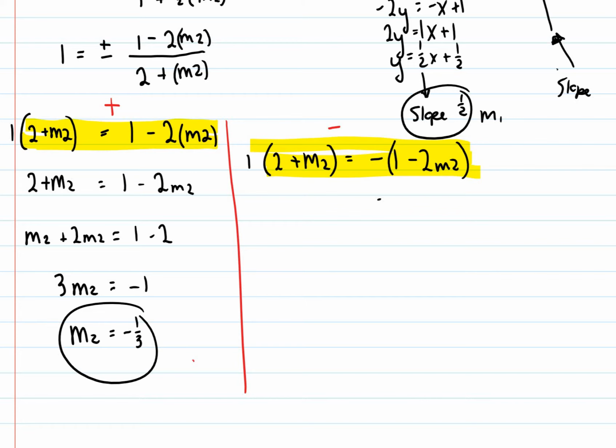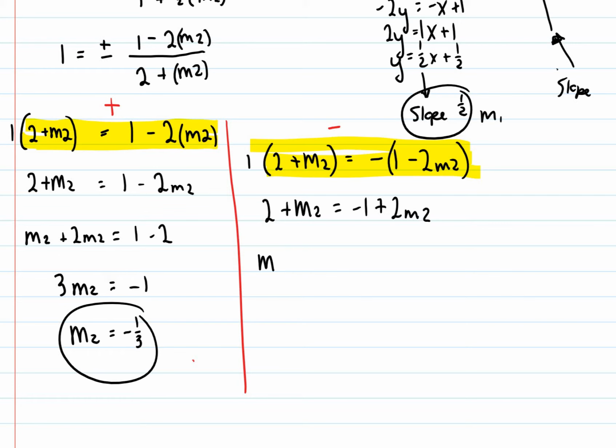So we have 2 plus m2 equals minus 1 plus 2m2. I'll do it in steps rather than rushing.